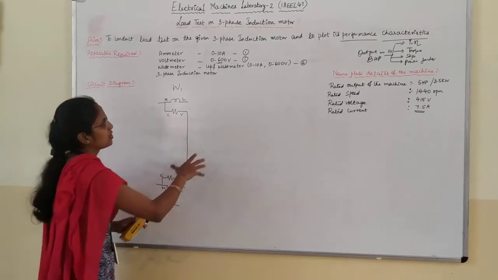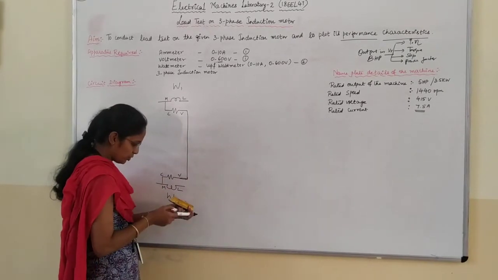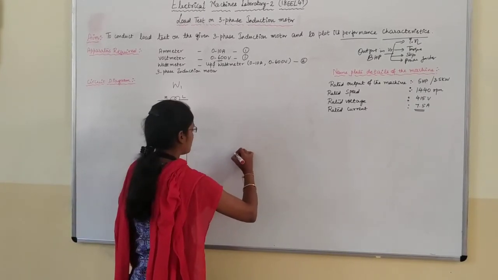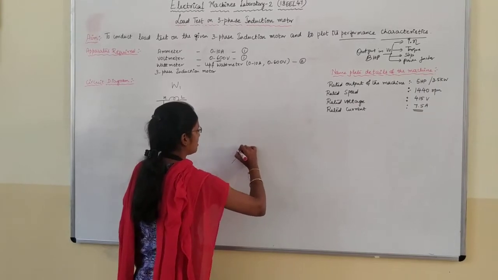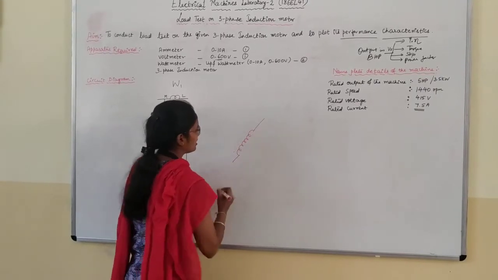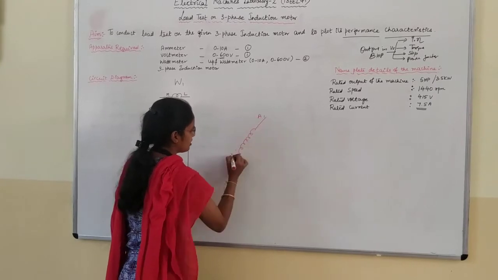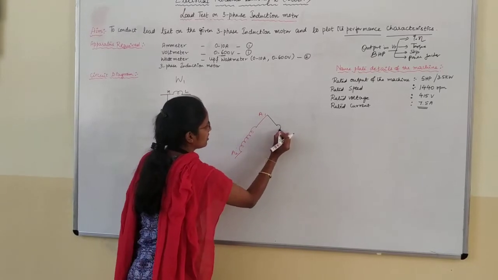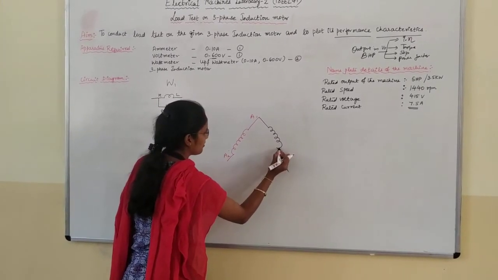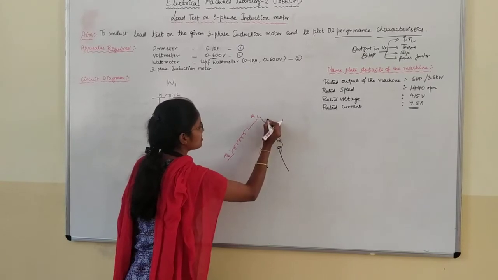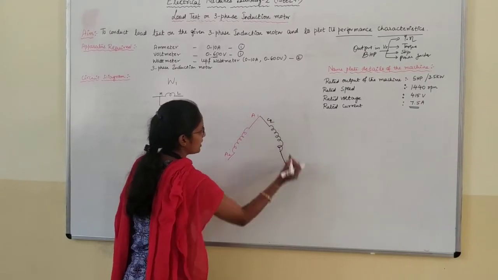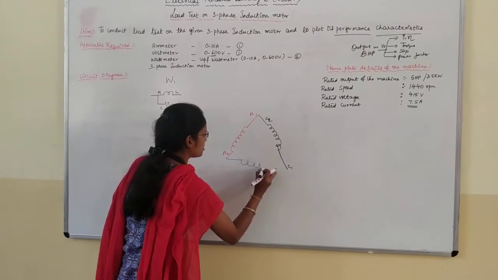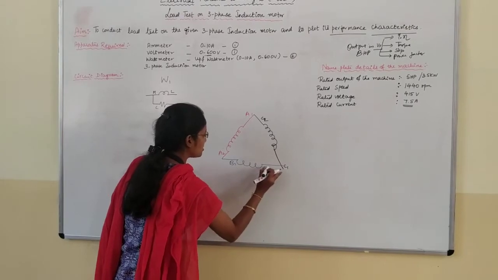Next, we are going to draw the induction motor, which is denoted by a delta type of connection, that is A1, A2, then the Y phase, that is C2 and C1, and another phase will be the B connection, that is B1 and B2.